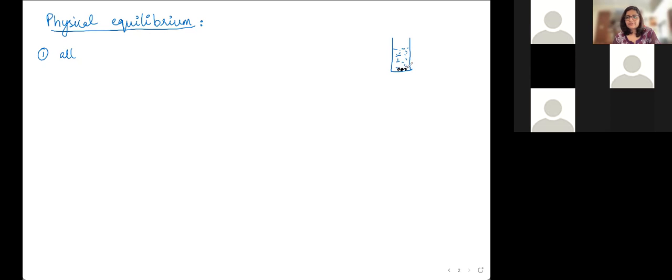Sugar or salt, whatever. If I add 1 spoon of sugar in it, what will you observe? Like, added 1 spoon of sugar, dissolve it, then what happens? It gets dissolved. Correct. Then I add 1 more spoon of sugar and mix it. Then what happens?